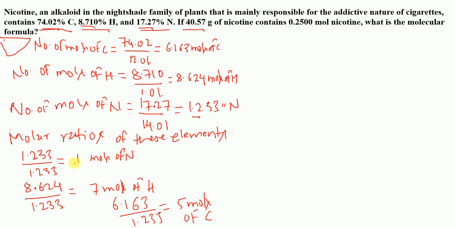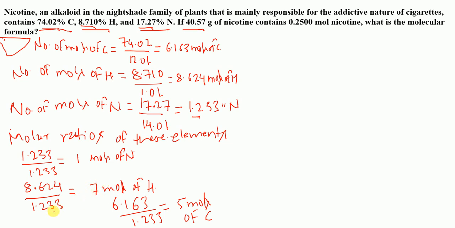So what we did here, guys, is we just divided all these numbers, 6.163, 8.624, and 1.233, by the smallest number to get the molar ratios of these elements. Now we have the molar ratios of all these elements.